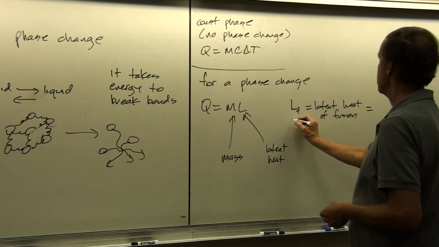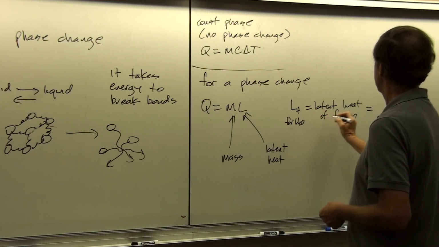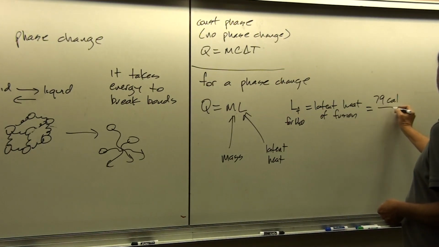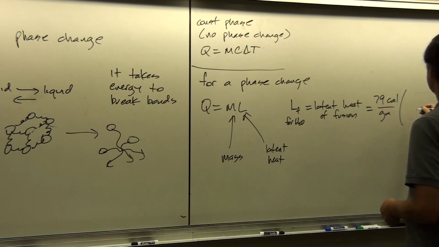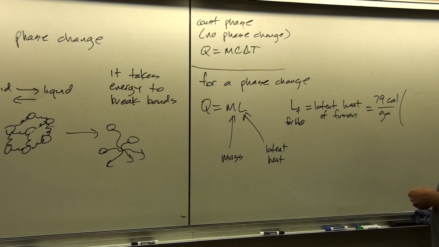And so for water, this is 79 calories per gram. Or if we convert grams to kilograms, we have 10 to the 3 grams per kilogram and 4.19 joules per calorie. This gives us 4190 times 79, which is 3.3 times 10 to the 5.